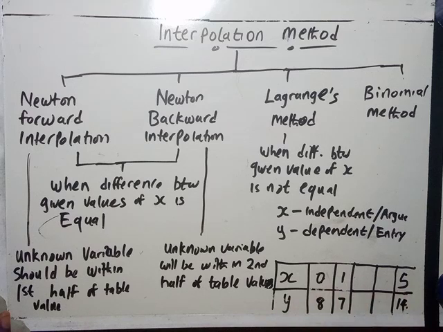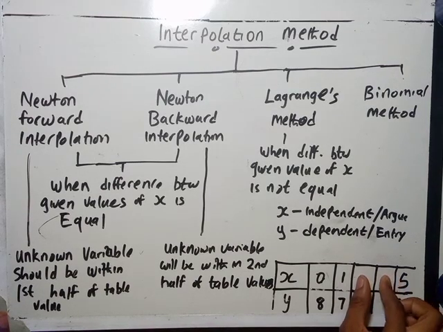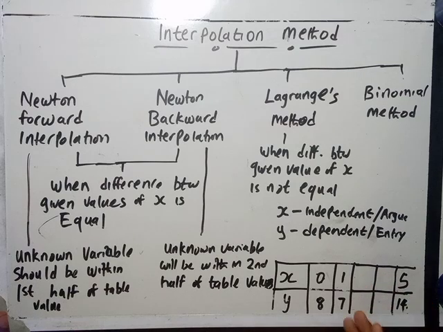So in this case, what we use is the binomial method, because we want to fill in these empty columns. So it will have to rely on the already known values to get what is here.